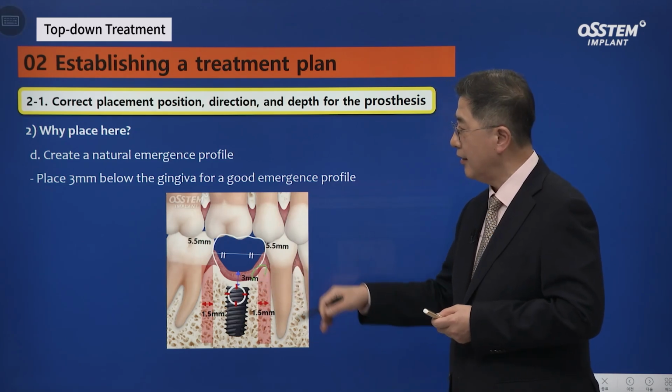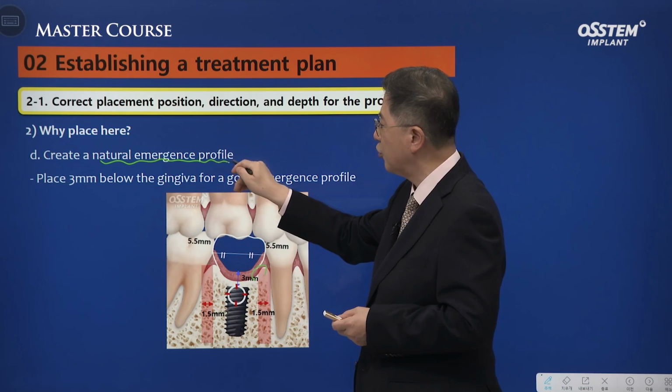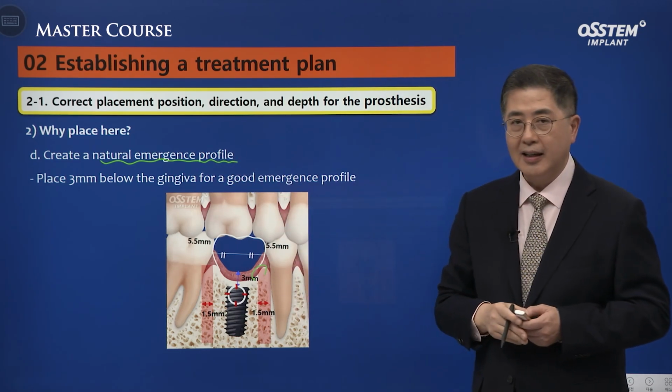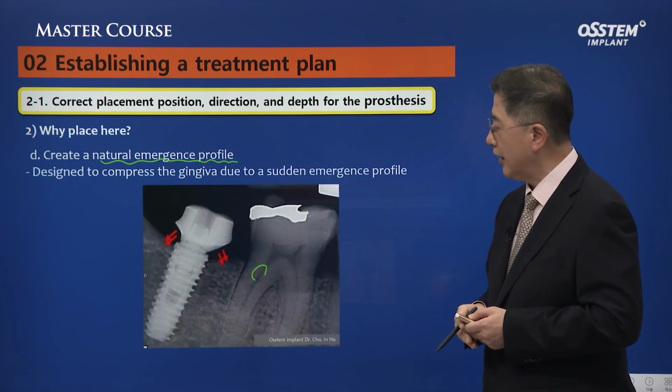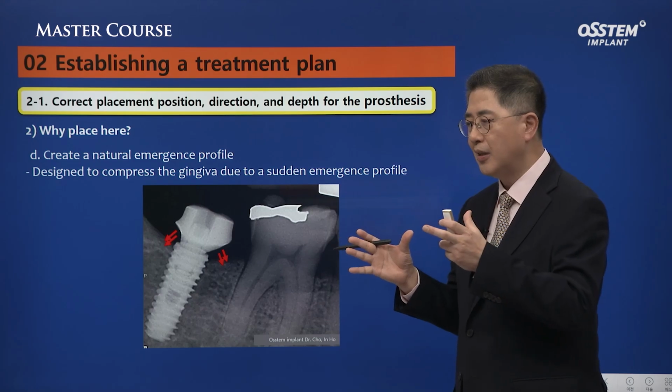If you look from the buccal view, we need to imitate the emergence profile of natural tooth. There are many opinions on this. There's a debate about whether it's ideal to mimic natural teeth exactly by using CAD/CAM abutments that match the cervical diameter of natural teeth.